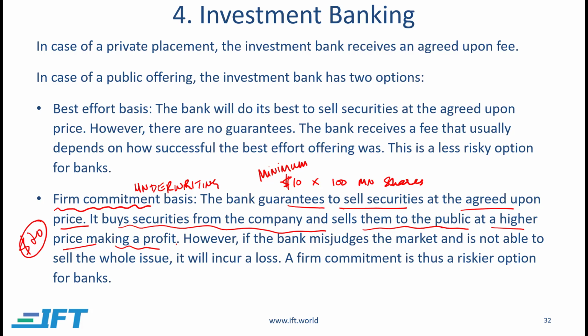But then obviously you have to understand the risk involved, because if the bank misjudges the market and is not able to sell the whole issue, it will incur a loss because it has made a commitment to the company that I will pay you the $1 billion. Now, if they are not able to raise that much from the market, then they're going to lose money. So this is obviously a very risky option for the bank, but that risk can bring a huge return as well if you correctly judge the market.